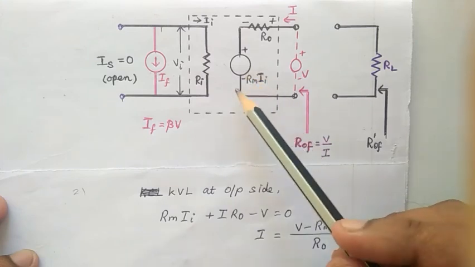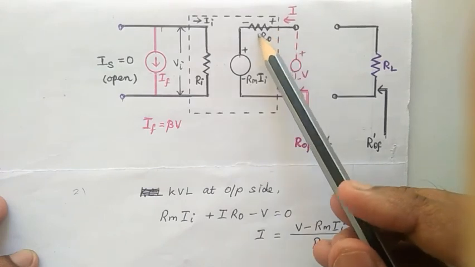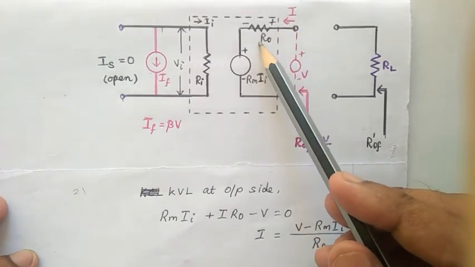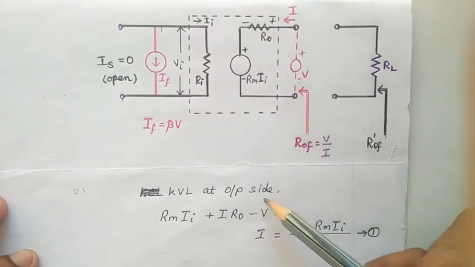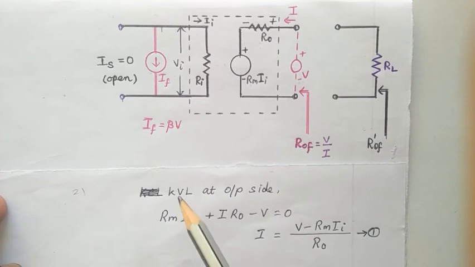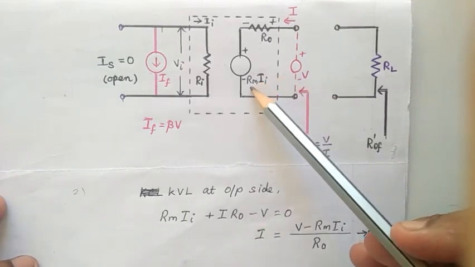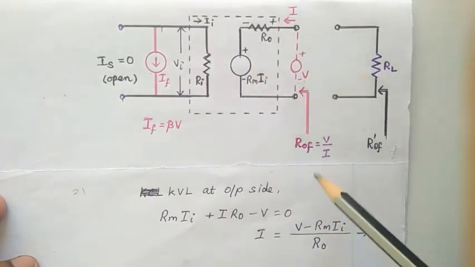I start from here: plus RM II plus I R0, since the current I flows through R0, minus V is equal to 0.